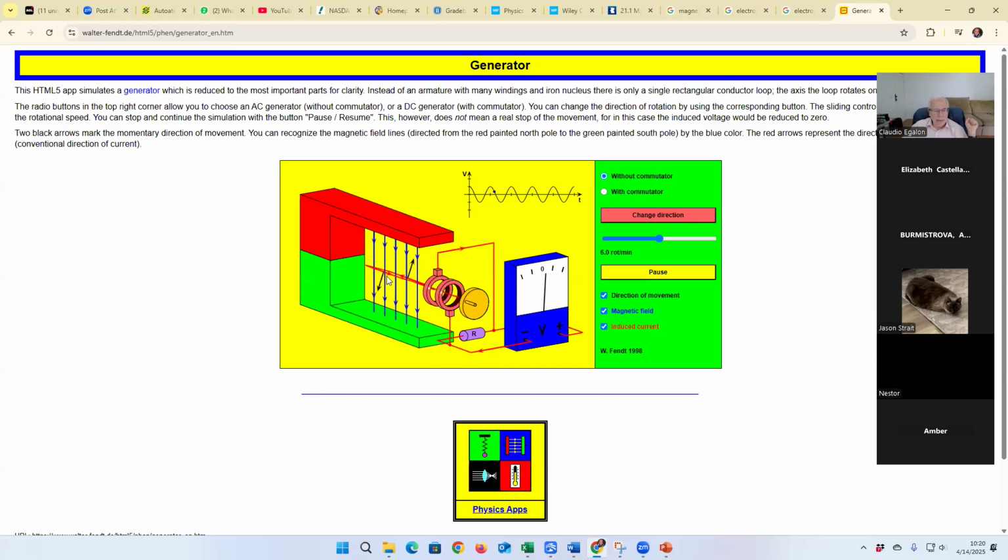Okay, look at the direction of the current here, right? And it is also inverting the direction depending on the point along the rotation. Okay, every half turn it inverts the direction. Watch it. 4 different ways of generating a current, of inducing a current.